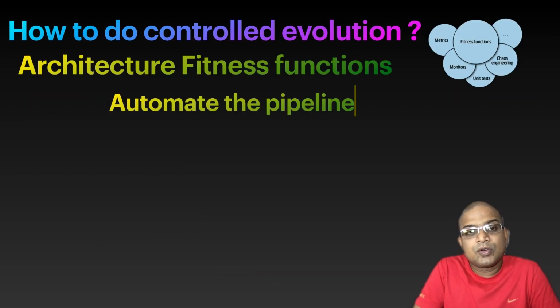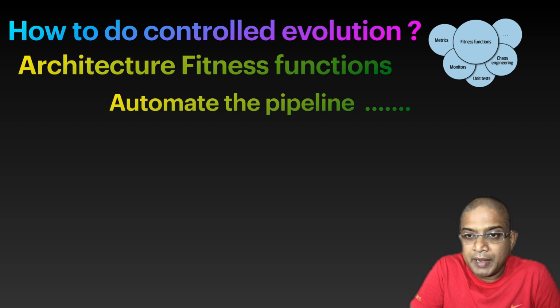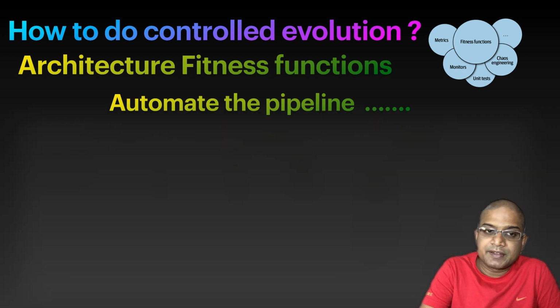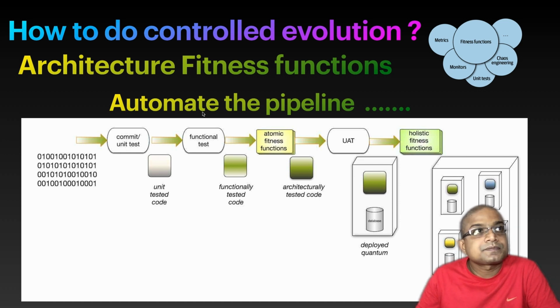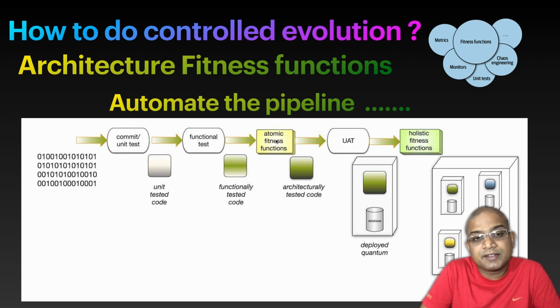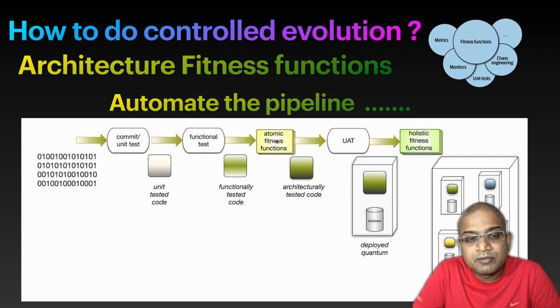We are using a lot of automation, so automation pipelines when we are developing and deploying into our production environments. Let's see how we can use the fitness function in these pipelines. You can see here that I have implemented a fitness function. As I told you, these fitness functions can be defined using many metrics, monitoring tools, and so on.